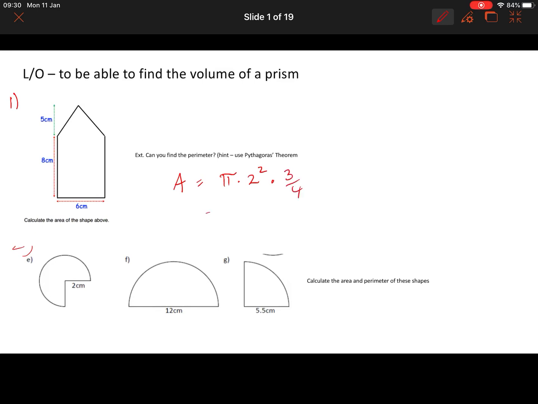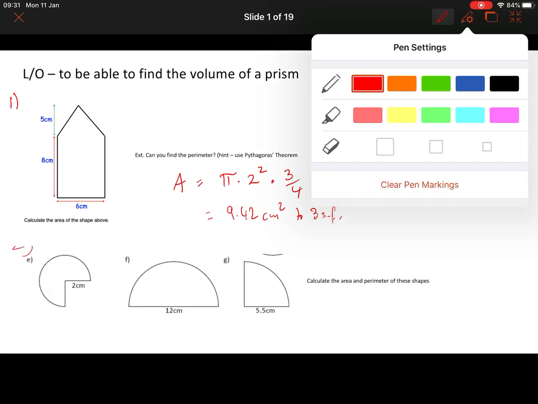But it's 3/4 of a circle. So what I'm going to have to do is times that by 3/4. And I can just throw that directly into a calculator. So pi times 2 squared times 3/4, because it's only 3/4 of a circle. And that gives me, to three significant figures, 9.42 centimetres squared.